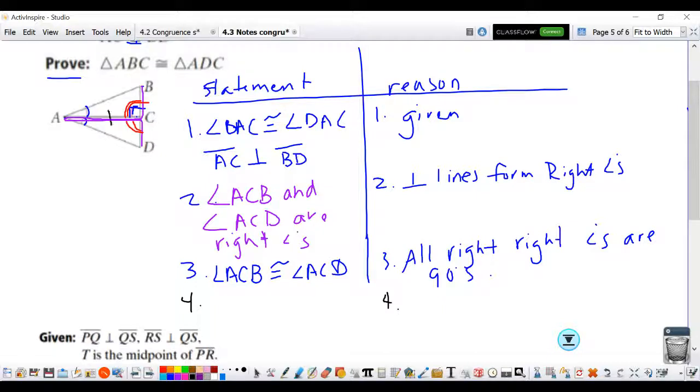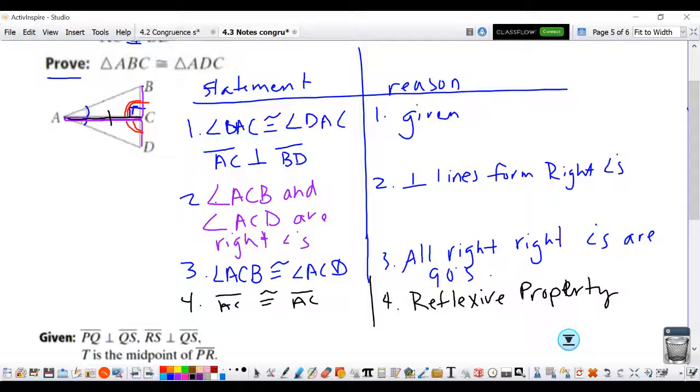But I see that segment AC is the same thing as segment AC, so they have to be congruent. This is going to be a nice trick, but we need to remember that our reason for that is the reflexive property. I like to think of a mirror, like AC is looking at itself, so it has to be the same.